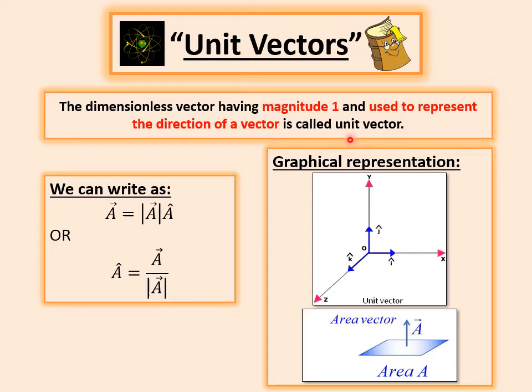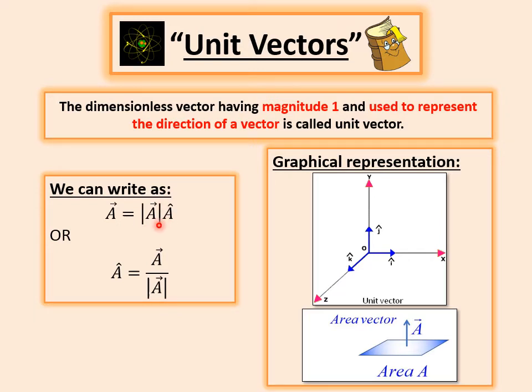I repeat it again: the dimensionless vector having magnitude 1 and used to represent the direction of a vector is called a unit vector. Now we can write the mathematical form of our unit vector. Suppose we have vector A equal to the magnitude of vector A into the unit vector. We use a cap on the vector to represent the unit vector; this is the symbol of the unit vector.